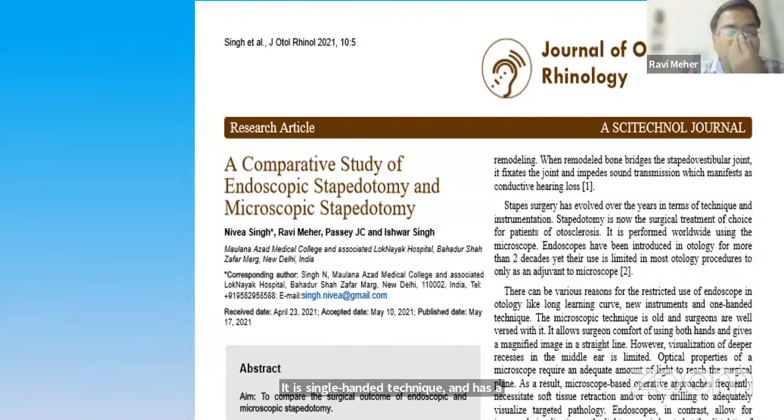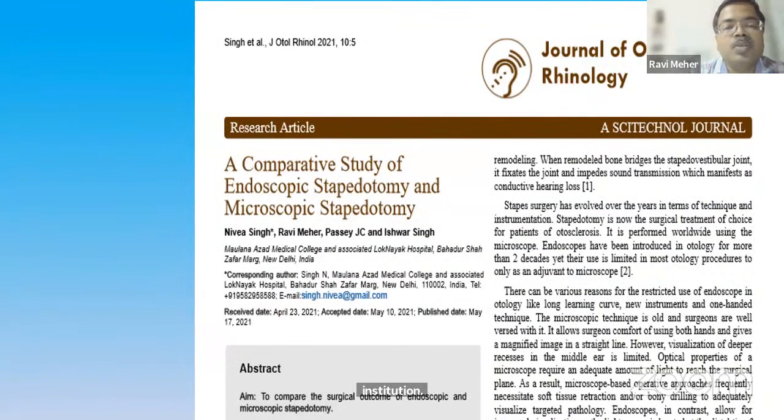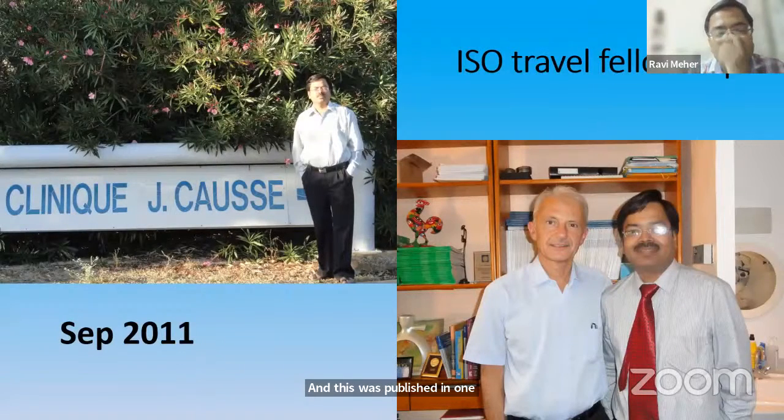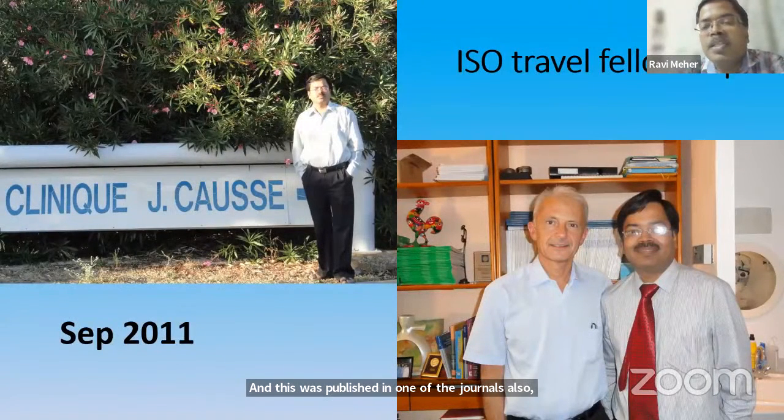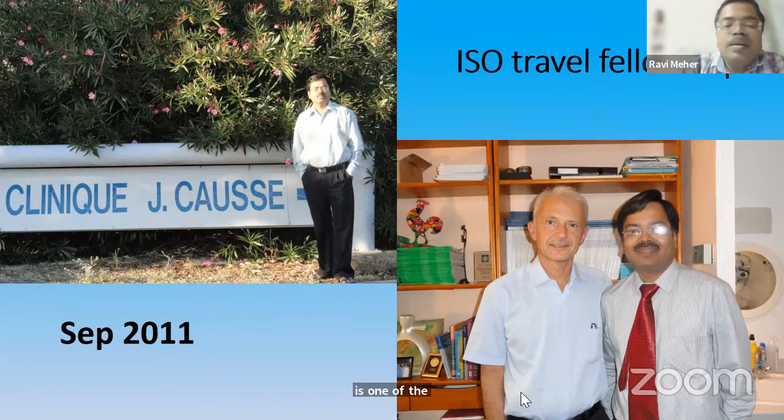We did a comparative study of endoscopic stapedotomy and microscopic stapedotomy at our institution, and this was published in one of the journals also. I had gone to the Mayo Clinic, which is one of the pioneer centers where stapedotomy has been performed, and I went there in 2011.